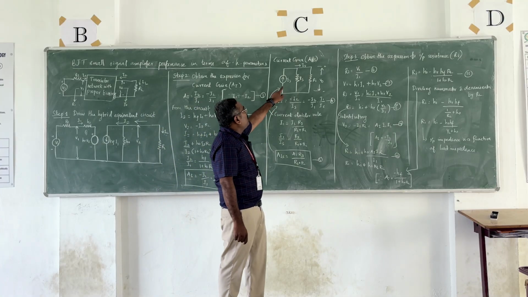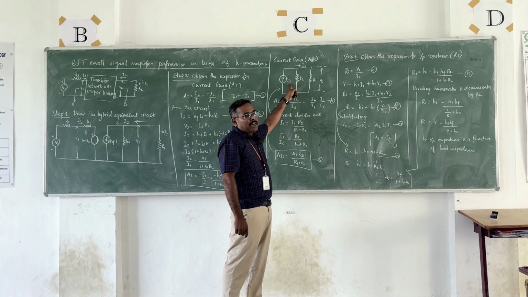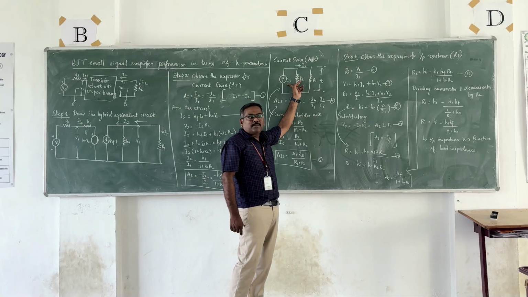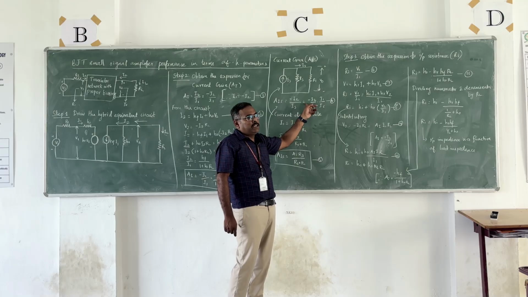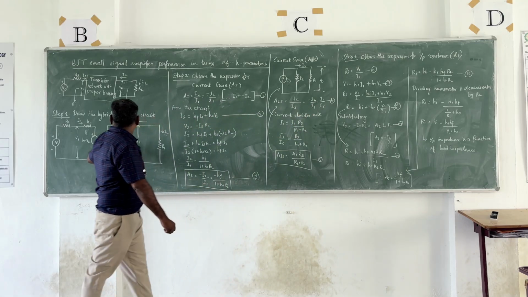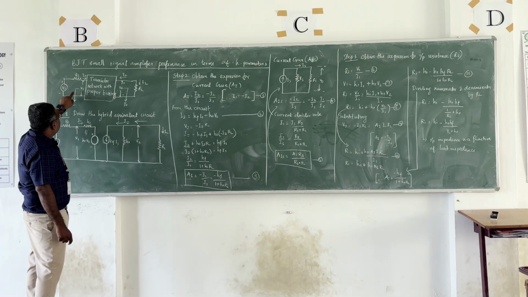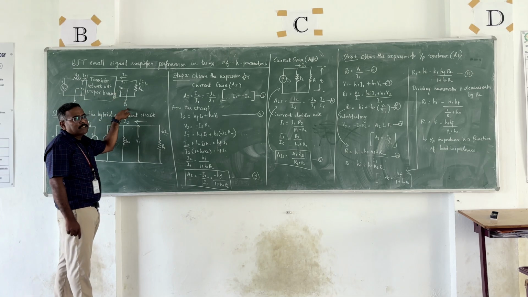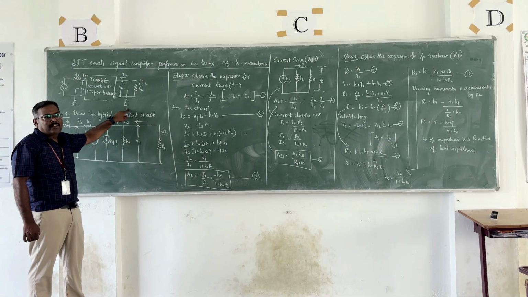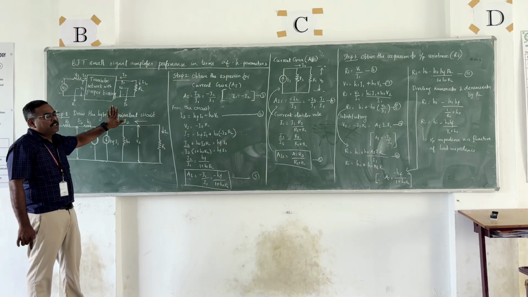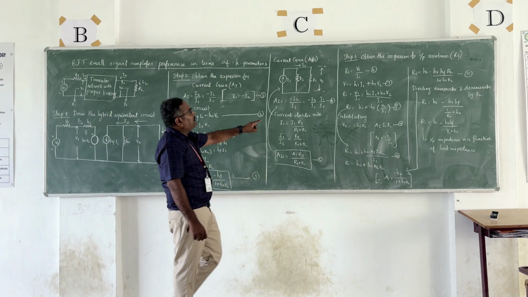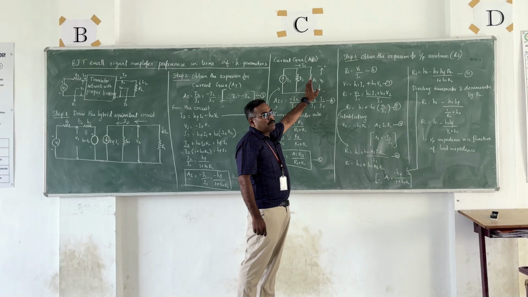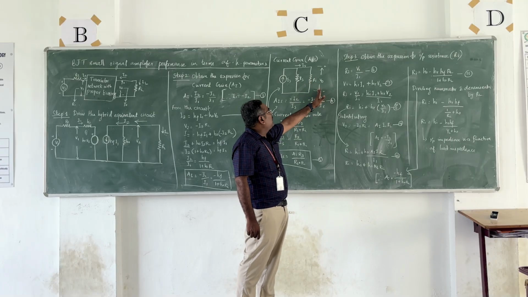Your voltage source is converted into a current source, and for that the resistance will be parallel to this circuit. In the circuit we have already indicated that the input side resistance is Ri and the output side is Yo. Actually it should be Ro, 1 by Ro, which we take as Yo. So in this network we calculated only the Ri portion for understanding.